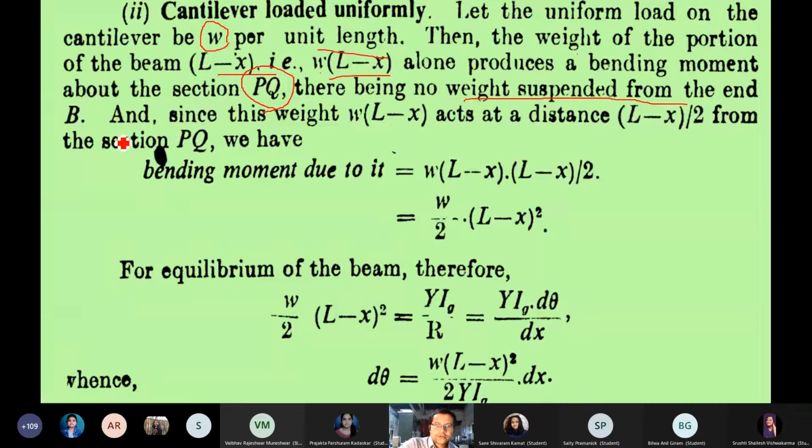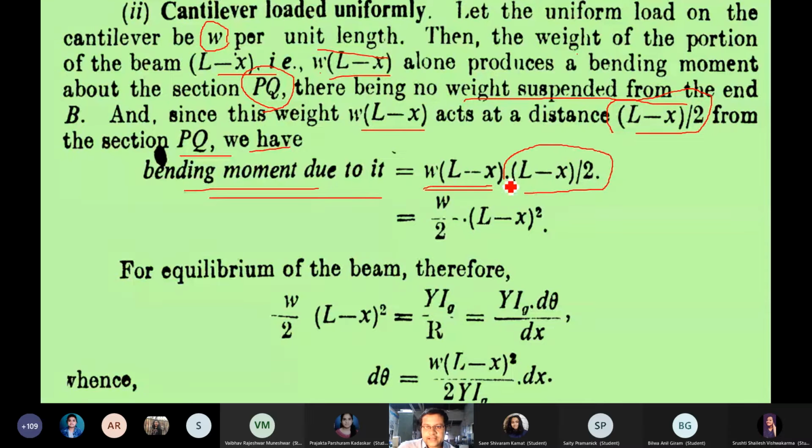The uniform loading acts on the whole length, so that weight is multiplied by the length L minus x, acting over the average length from the section PQ, and this bending moment is due to w into L minus x acting over the average length L minus x by 2. That's the center of gravity, since this portion is uniformly loaded, so the center of gravity is located somewhere in the middle, and we take that distance to be the average.